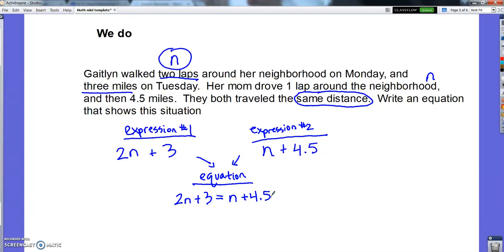And again, you might have a chance at figuring out the unknown value now. If you stopped and thought about it for a while, you might have a chance. Don't need you to do that today. Today, the plan was to make an equation that shows the situation, and we did. So hopefully that's a breeze for you. That's how you write an equation by setting 2 expressions equal to each other.